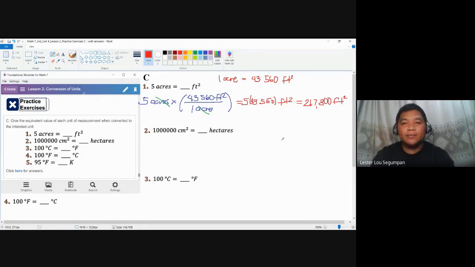So number one is not necessarily easy, but it only took one step because we already have the relationship between acres and square feet in the form of 1 acre is equal to 43,560 square feet.